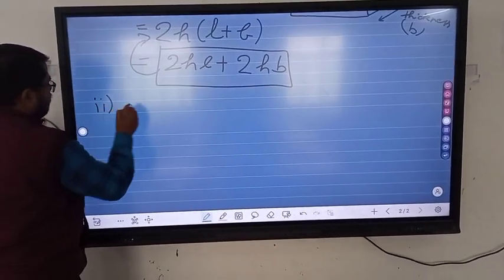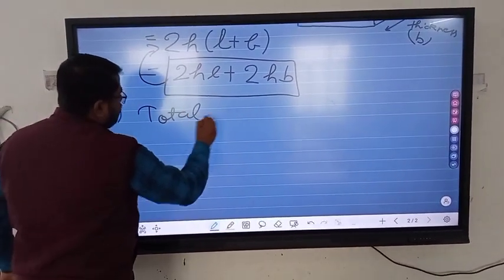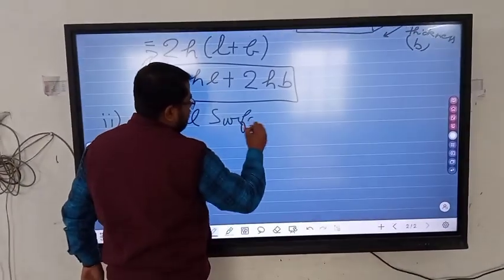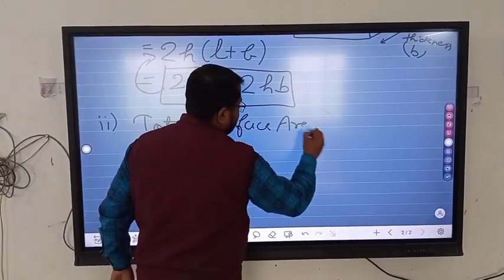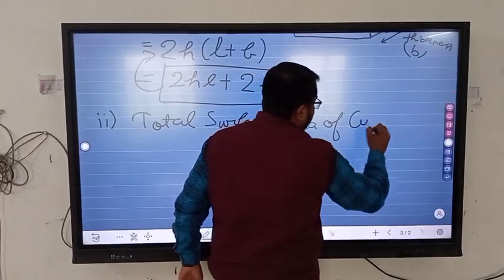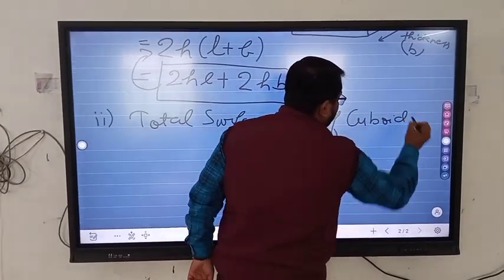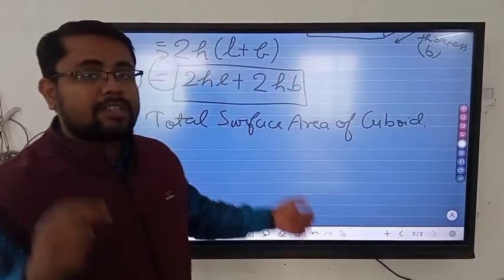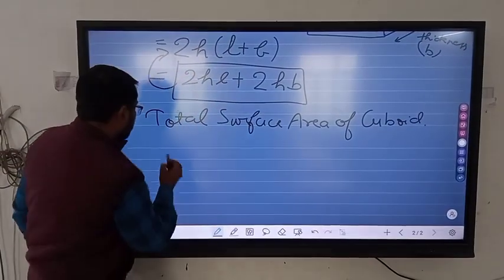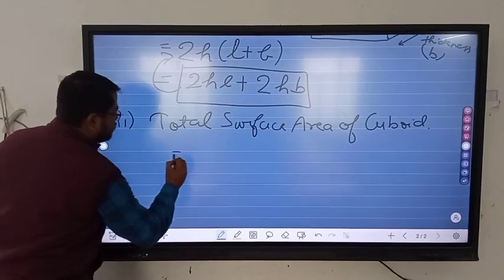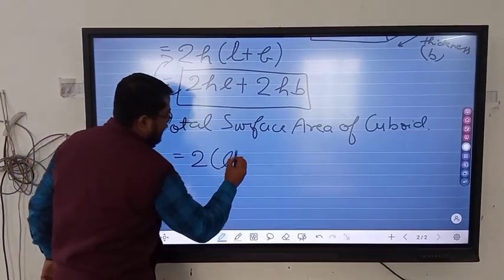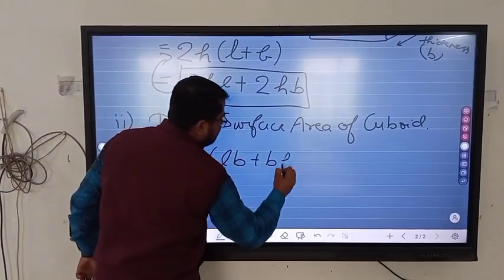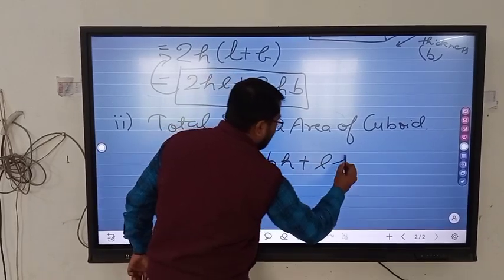Second, total surface area of cuboid. We have talked about the curved surface area of cuboid. Now, what is the total surface area of cuboid? So total surface area of cuboid is equal to 2 bracket LB plus BH plus LH.